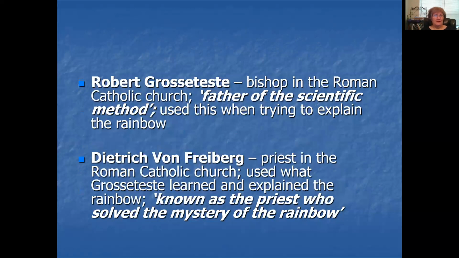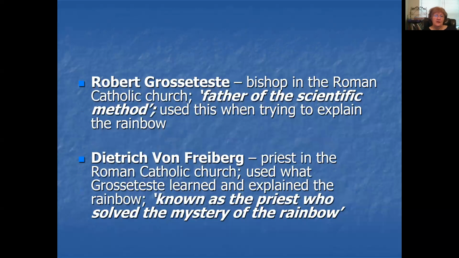And so he came up with the scientific method, which is, remember, if you've learned this, you have a hypothesis, you test it, right? You get data from it, you make a conclusion, right? So you have a hypothesis, a guess, you test it, gather data, make a conclusion. You just kind of keep going on and on like that. He said that's the way we should do science.